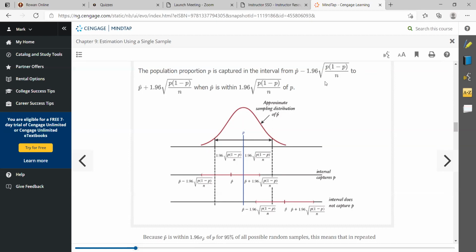Let me say this really clearly: the margin of error that you're adding and subtracting to p hat is always going to be a critical value, which you find using either inverse norm or inverse t, and you multiply that critical value by the standard error. The margin of error is the critical value times the standard error.